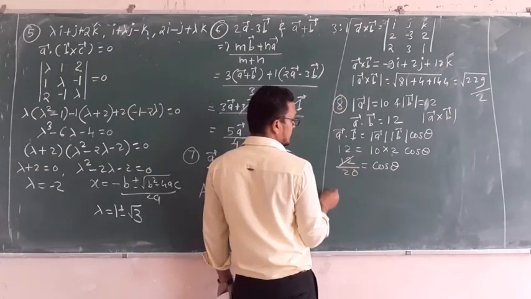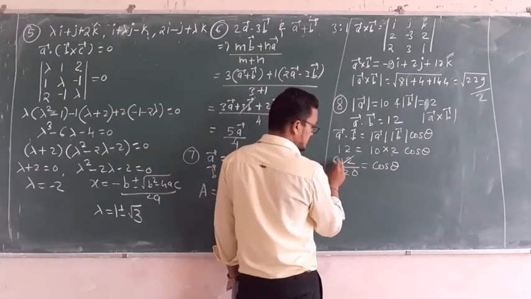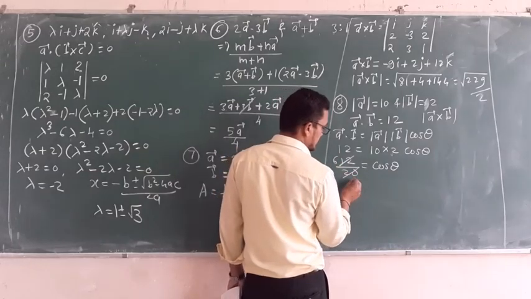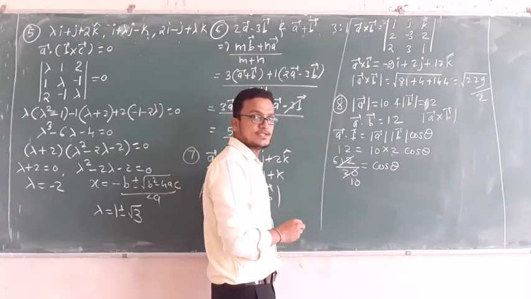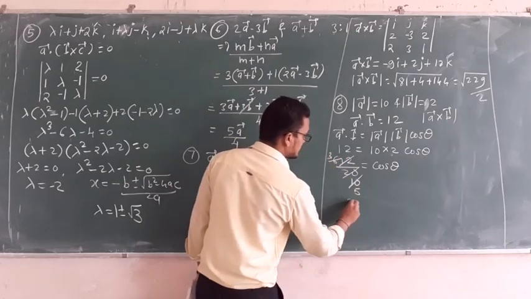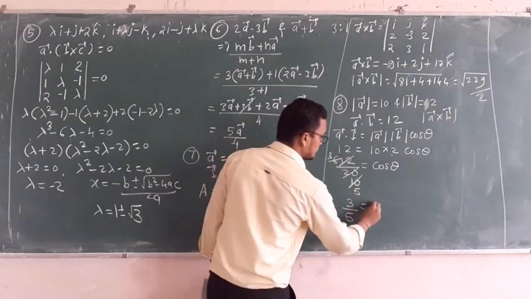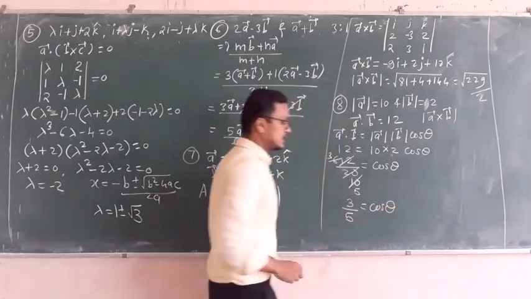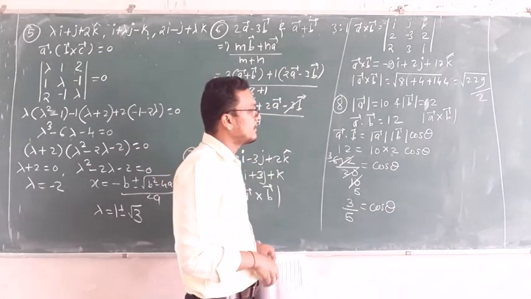Dividing by 2, then again by 2, the answer is 3 by 5. This is your cos theta value.